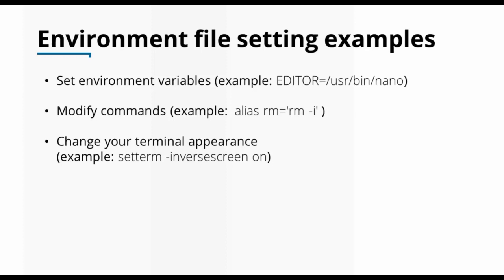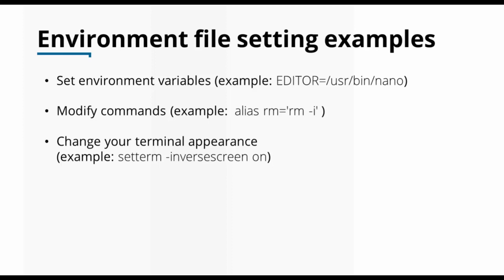You can also modify commands using the alias command, which we'll cover in detail in a later session. This allows you to force a command to always use a particular option. You can also create your own commands through this feature, which is fun. In addition, you can change your environment's terminal appearance among other things. So these files are worth your time to explore.